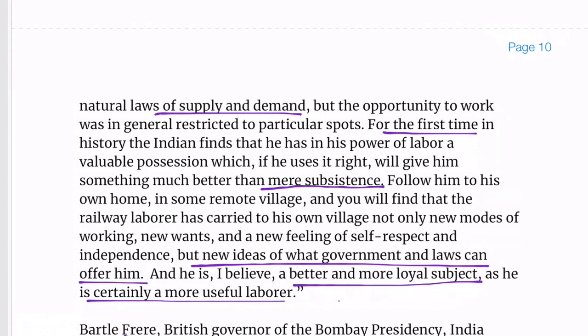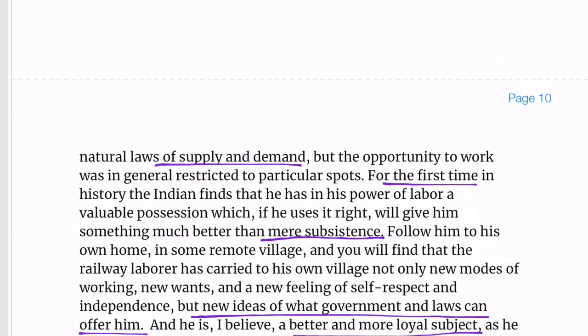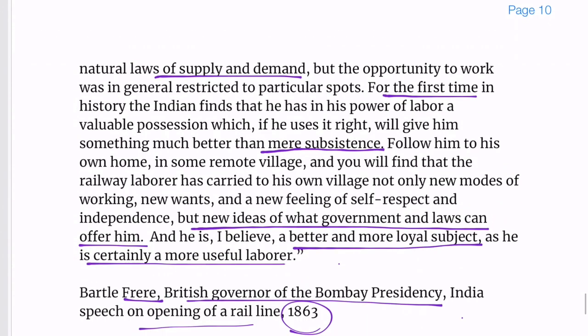So basically he's saying, because we've come in and we've provided work for the Indians, now they have more choices. Now they have more freedom. Now they're more respected because they are working, and they can take all of that back to their village. And he says because of this, he has loyal subjects and useful laborers because he's kind of put them to work.